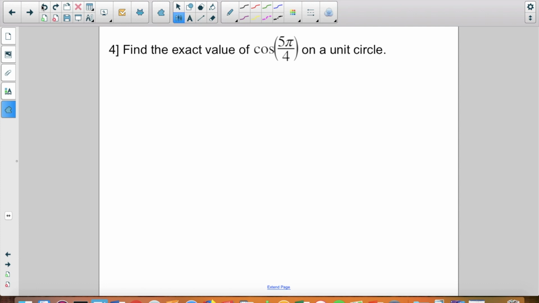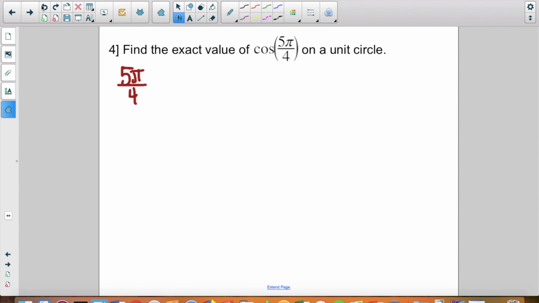Okay, we're going to do one last problem. It says find the exact value of cosine of 5 pi over 4 on a unit circle. Now, we don't know what 5 pi over 4 is exactly. So first thing we're going to have to do is convert this from radians to degrees.